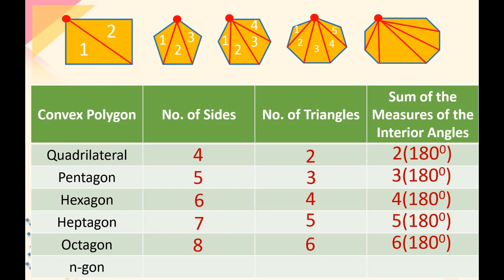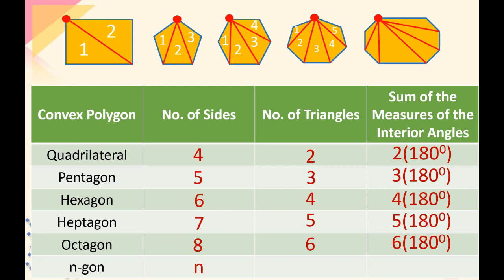Now here's the challenge. What if you do not know the number of sides? So you represent the number of sides as n. What do you think is the number of triangles for a polygon with n sides? Observe each number of sides and each number of triangles formed.